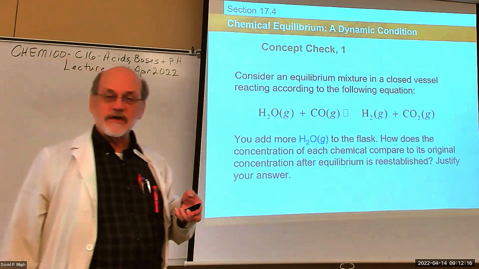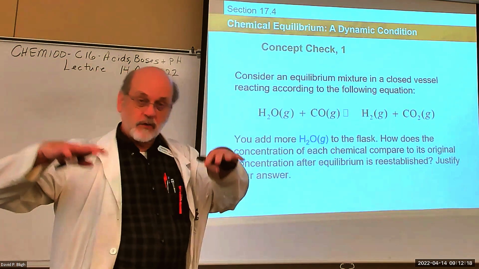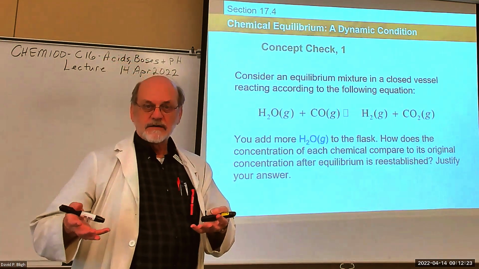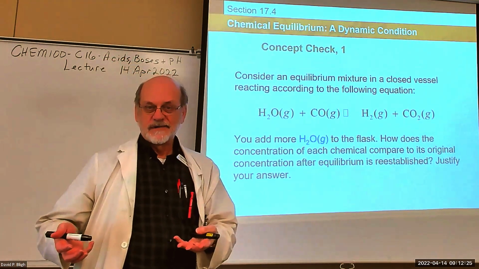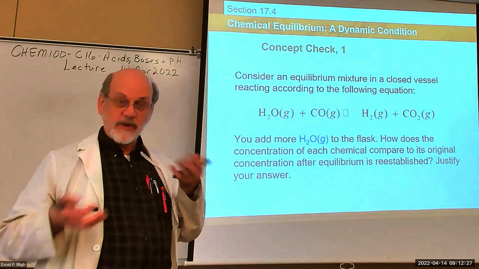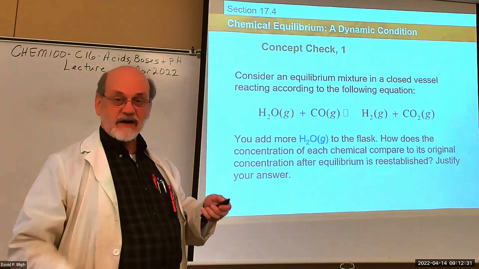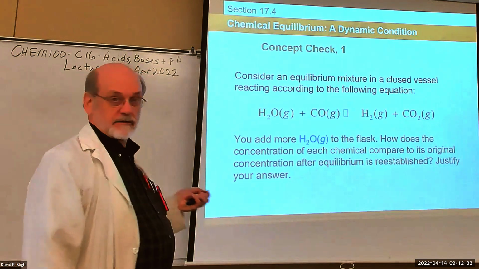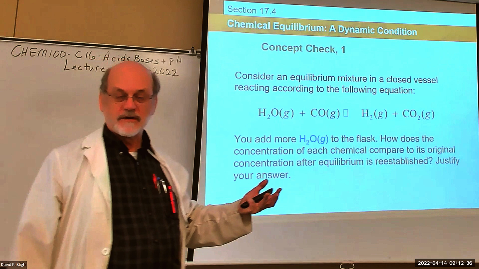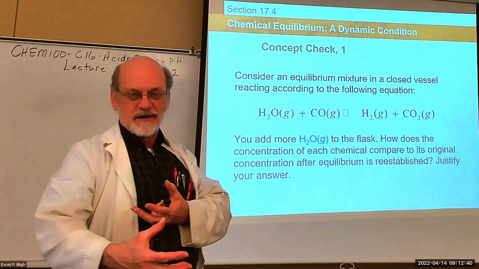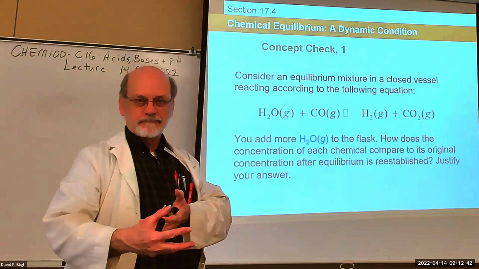Now, once we reach equilibrium again, what's the concentration of water? Did it go up or down? Well, initially it went up because we added some, but when it reaches equilibrium, does it go back down to the same place? No, it's higher than it was. It's not as high as it was when we first added the water because we used some of it.